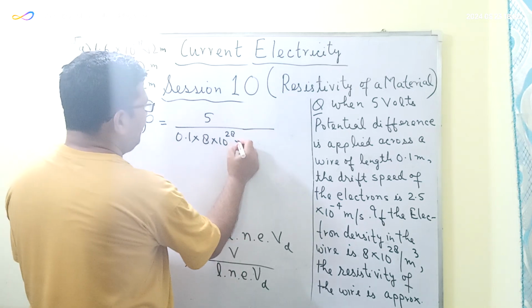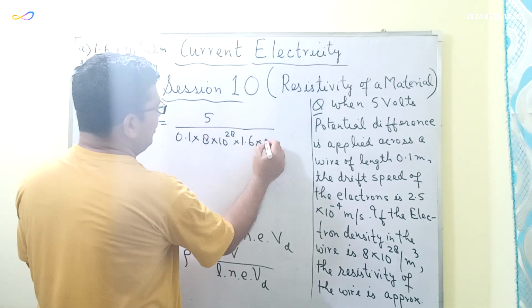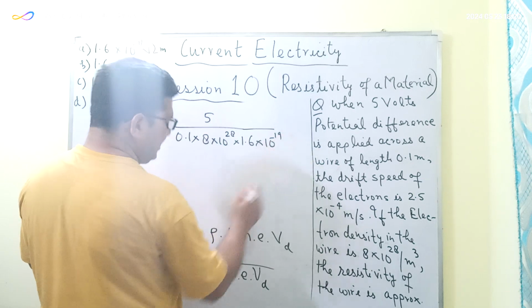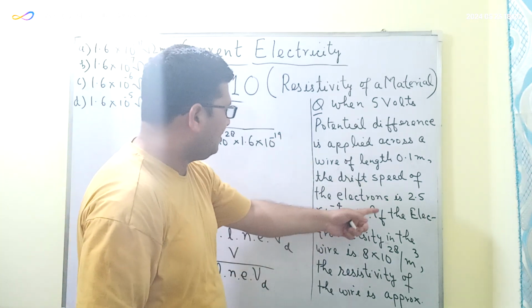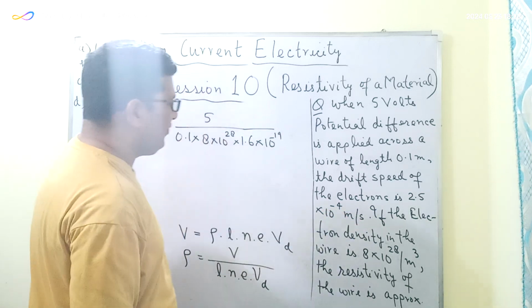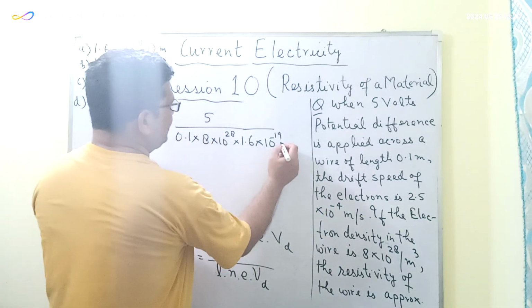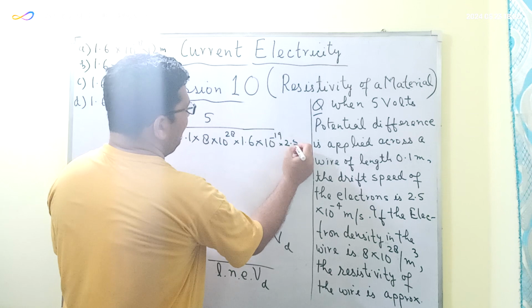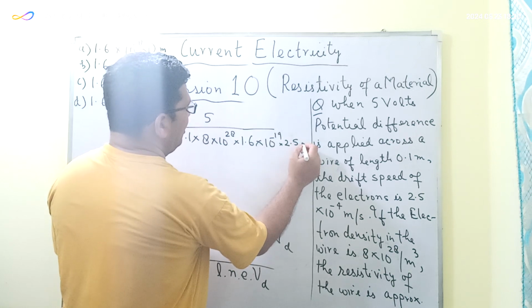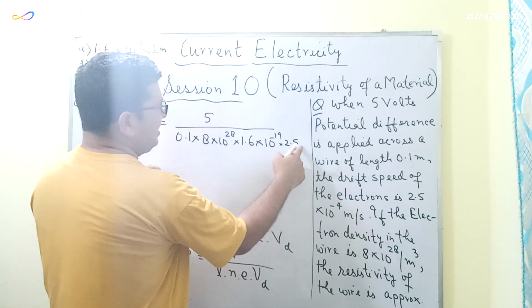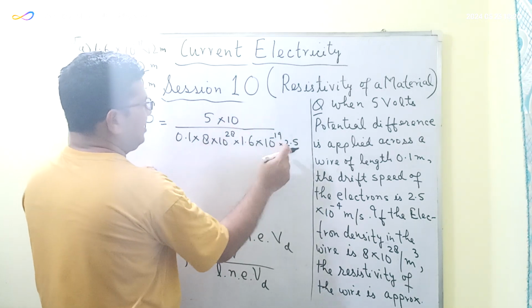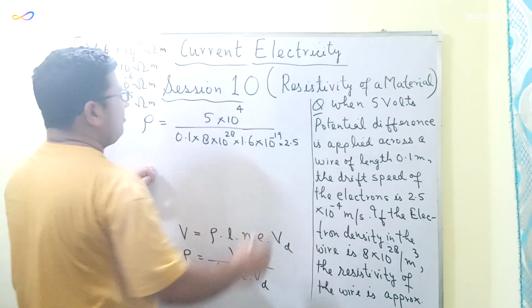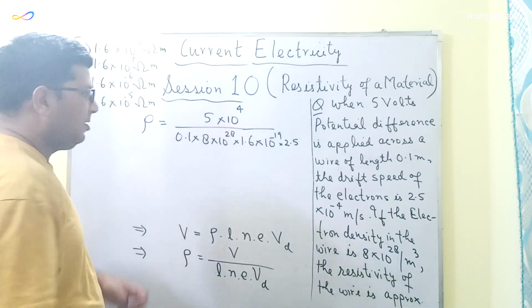The charge on the electron is 1.6 into 10 to the power minus 19, and the drift speed of the electron is 2.5 into 10 to the power minus 4. That minus 4 can be taken to the numerator and it will be 10 to the power 4.